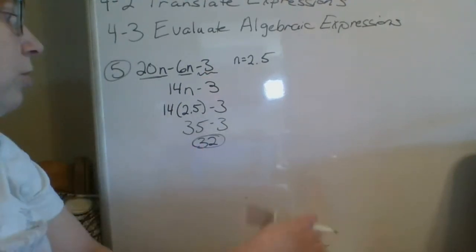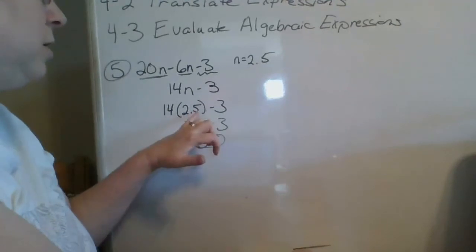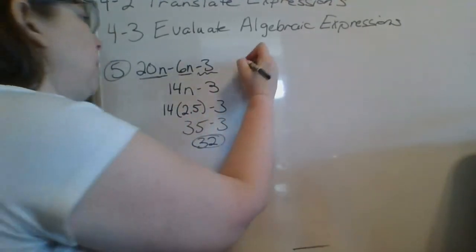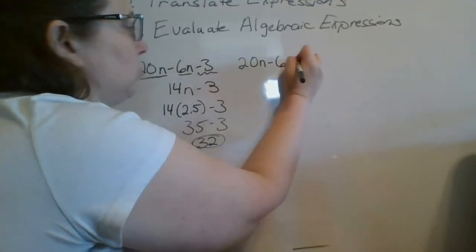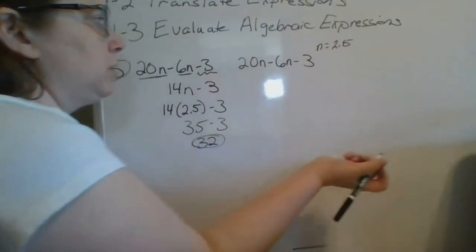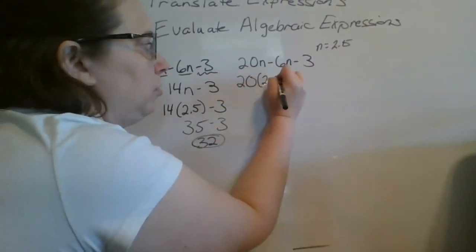Let me now show you a different way to do this. So here we combined our like terms and then substituted and then simplified. Let me show you what happens if we don't combine our like terms. So n is still going to equal 2 5/10. I'm going to go ahead and substitute that in here though.